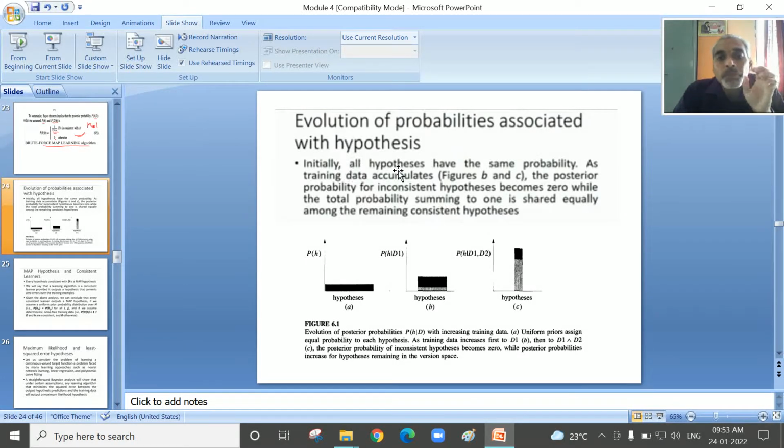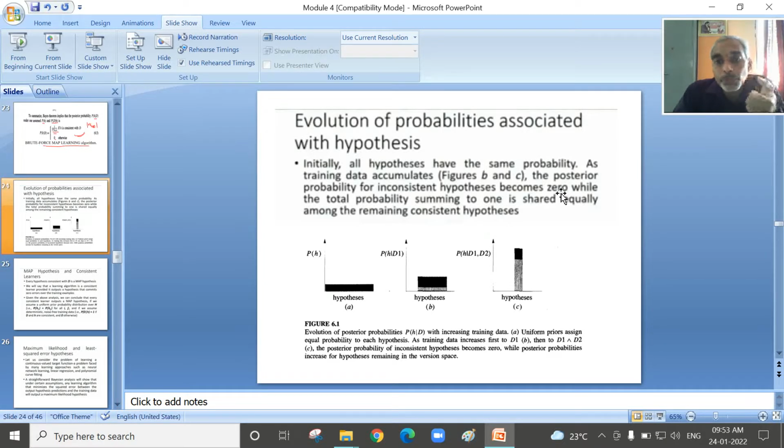Initially all hypotheses have the same probability, because we don't have a domain expert or the knowledge. So for all hypotheses, we assume the same probability. Now as the training data accumulates, once you start collecting the training data, the posterior probability for an inconsistent hypothesis becomes 0.